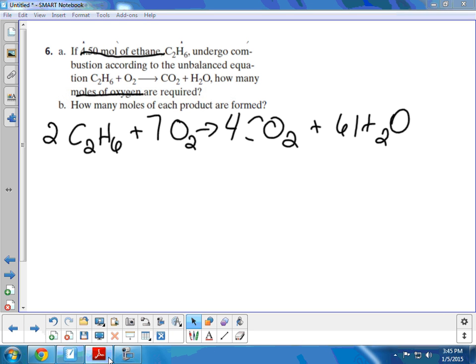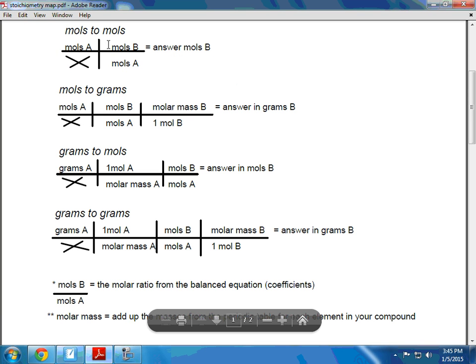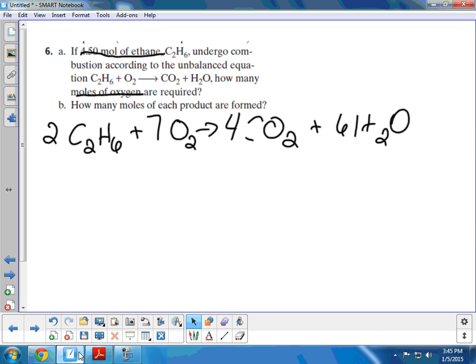We go back to that mole road map. It's this very first one, moles of A to moles of B. A is whatever's given to us. B is what we're trying to find. So 4.50 moles of ethane is given.